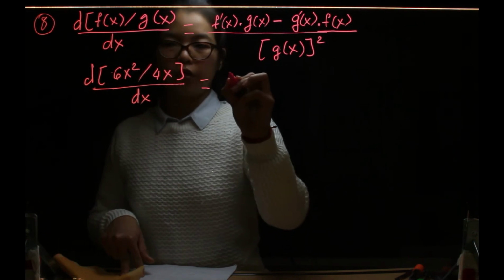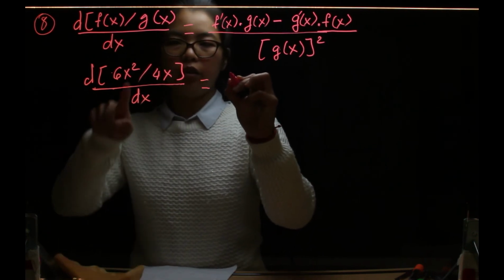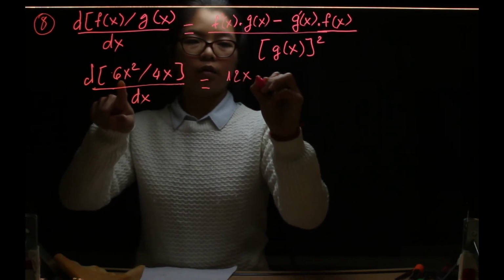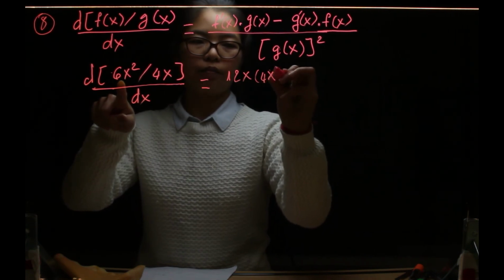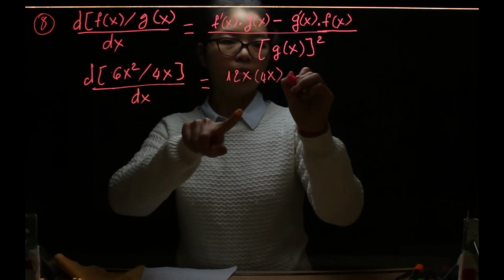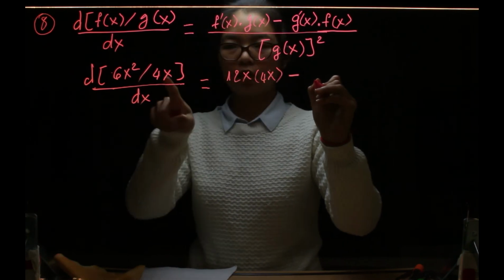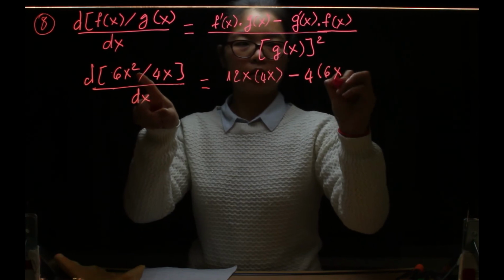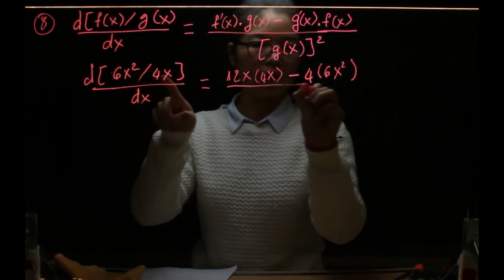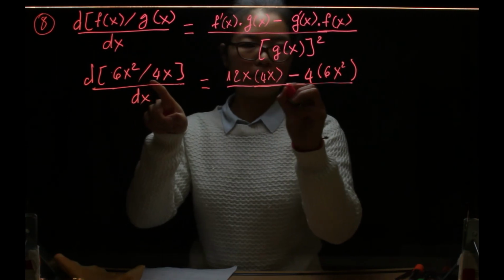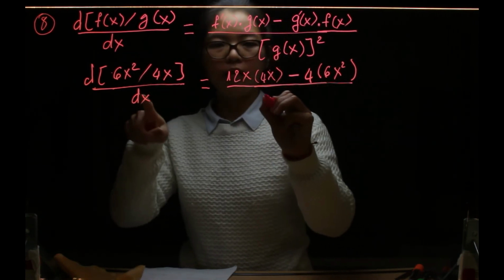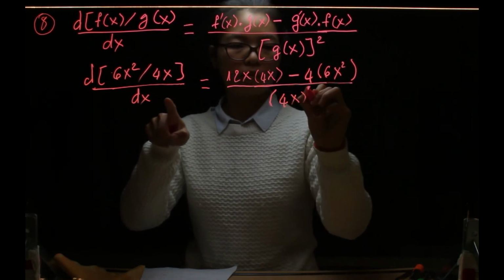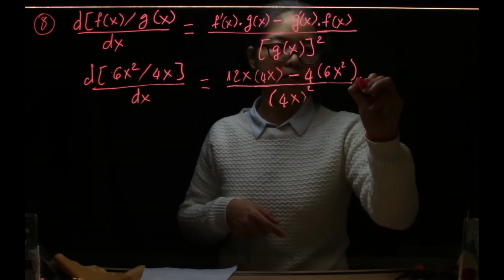Okay, so the first thing is the derivative of f, 12x times 4x, the second function itself, minus the derivative of the second function, 4 times 6x squared, right? And then everything divided by 4x, everything in bracket and square.